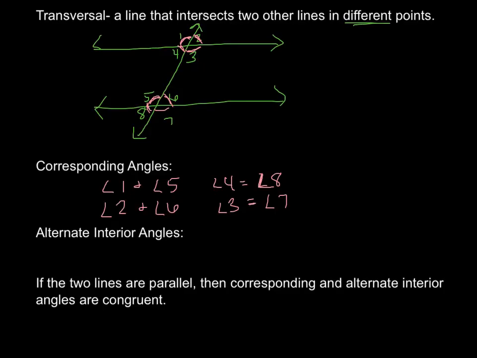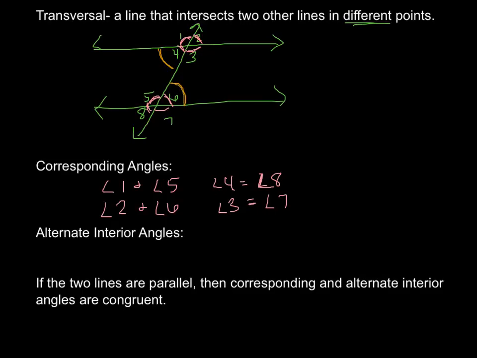Let's pick orange. Okay, so what alternate interior angles are: 4 is the alternate interior angle to angle 6, and those two are congruent.